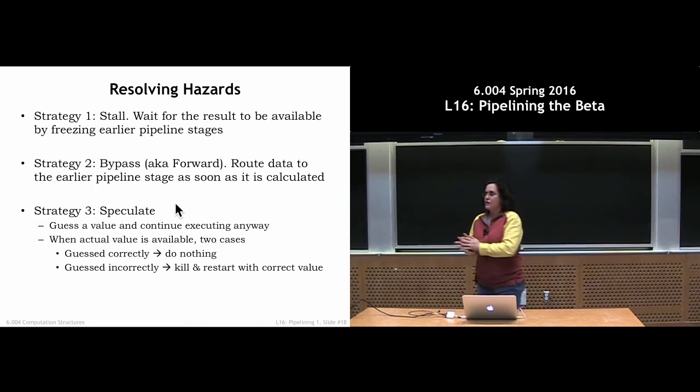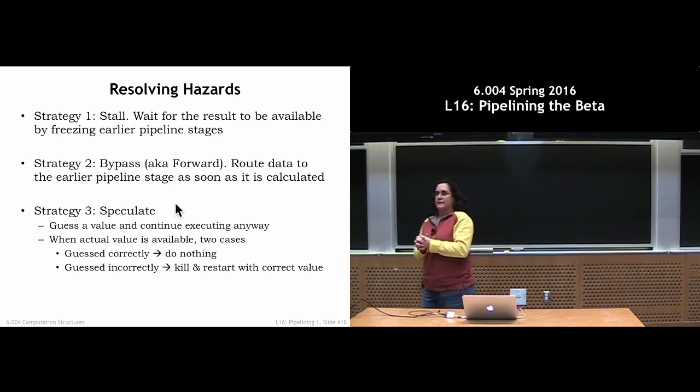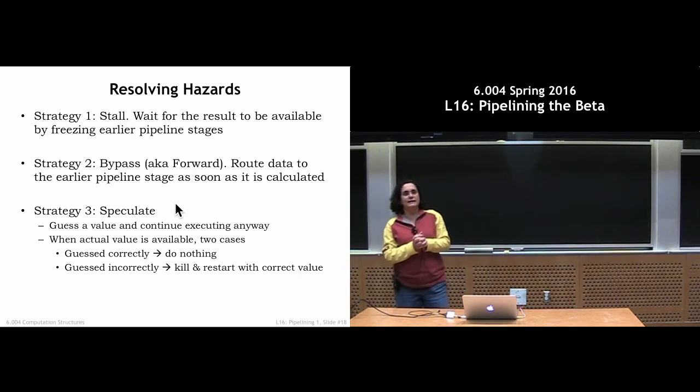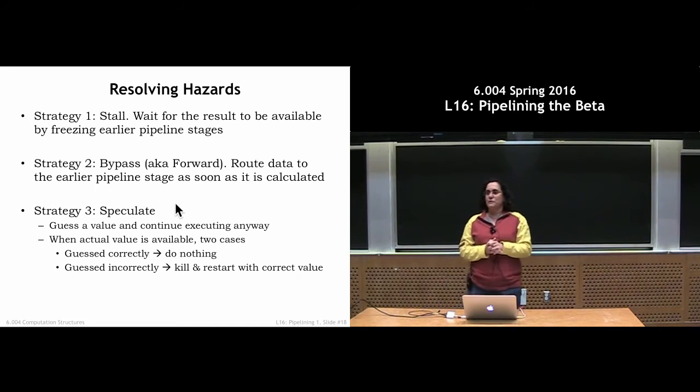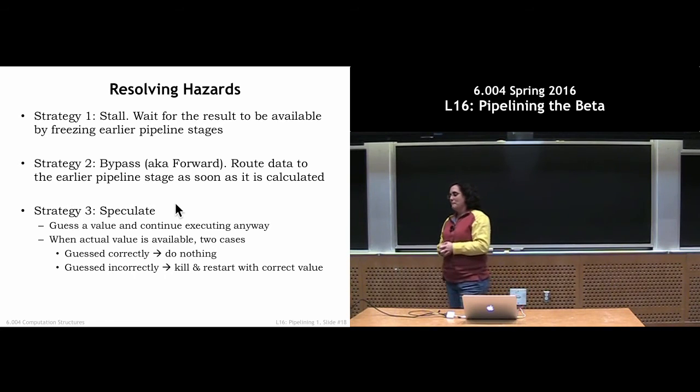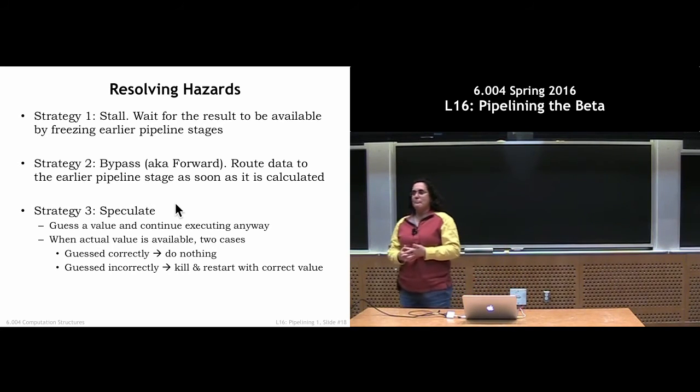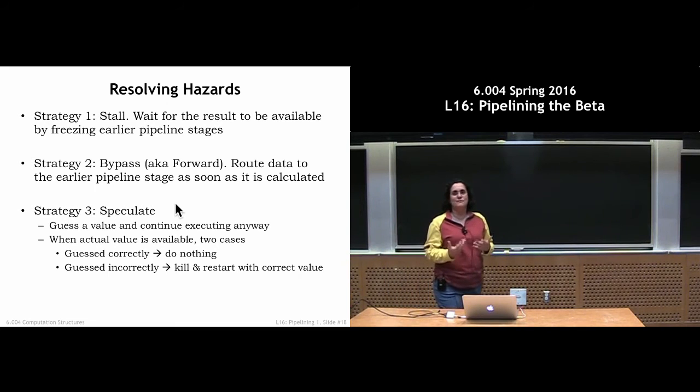And finally, there's a third strategy, which is speculating. The idea with speculating is that you're going to make a guess for anything that you don't know. So clearly for ALU instructions, this isn't going to work very well, right? We're not going to be able to guess what the answer of our ALU operation is going to be. But for branch instructions, it turns out that this works really well. In branch instructions, we just have one of two choices.